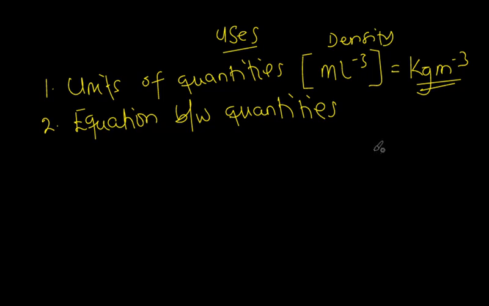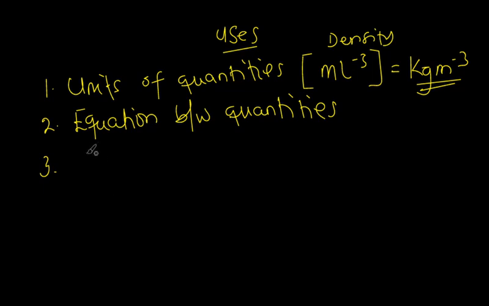Whether they are directly proportional or inversely proportional, or directly proportional to the root or the square of any other quantity, we can use dimensional analysis to find this relationship between quantities. We will be looking at this in much more detail very soon, so don't worry if you don't understand. You'll still get it at the end of this video.